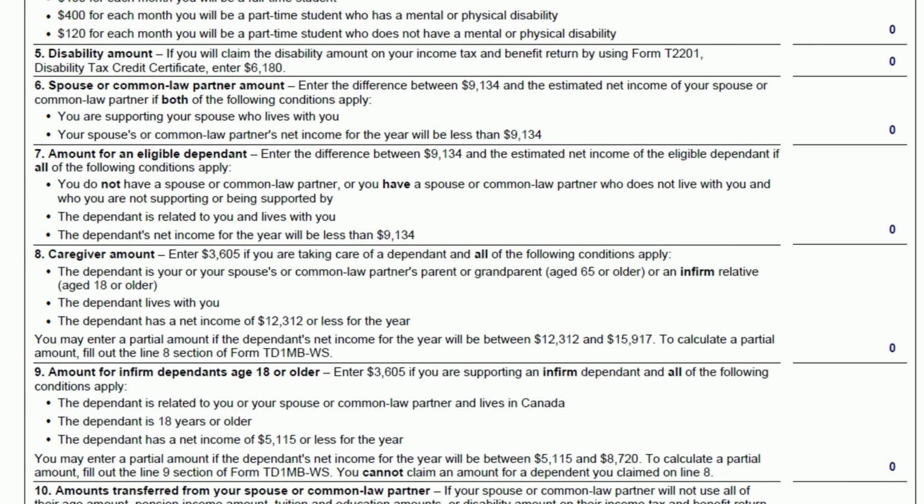For example, they had a credit of $5,000 but they only used $2,000. In that case, the remaining $3,000 you can get transferred here and enter that amount. So for that you need to know their credit.